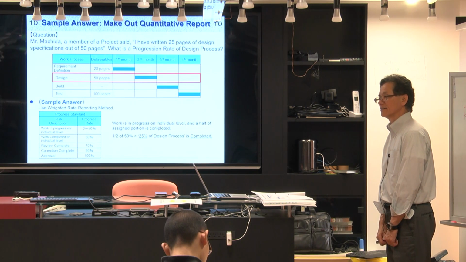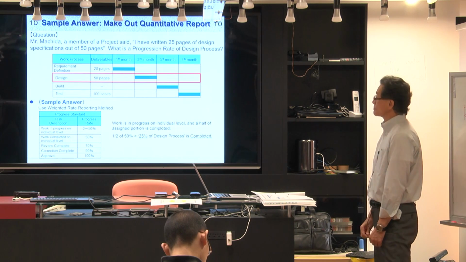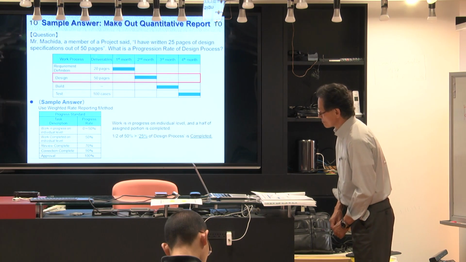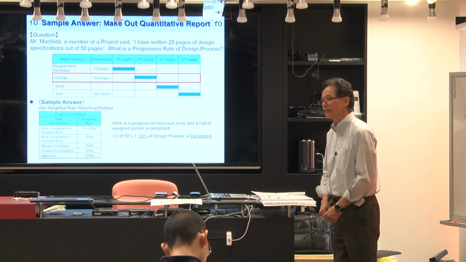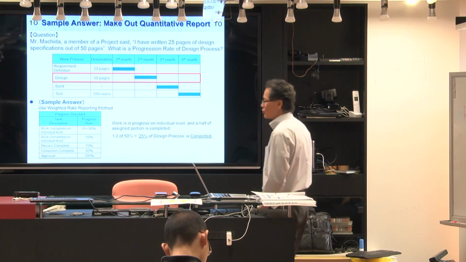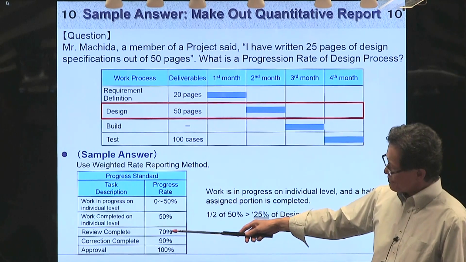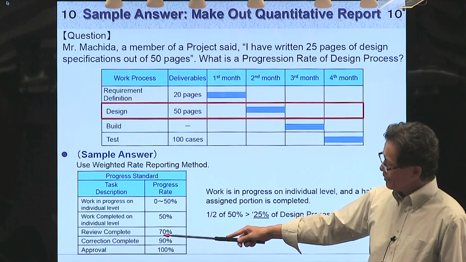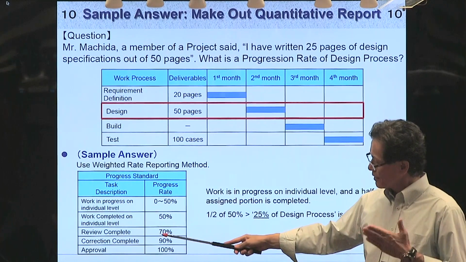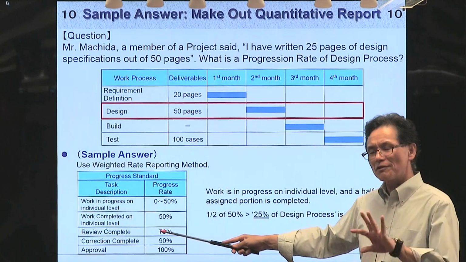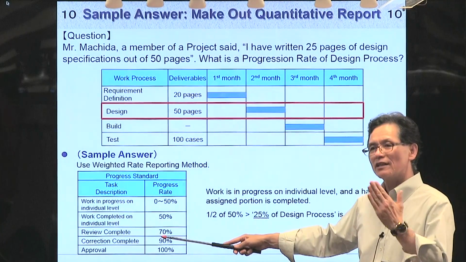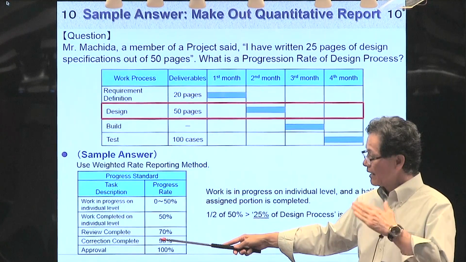Is there any standard for deciding weights? For example, in the paper, we are suggesting this type of parameter. Review complete, at this point you can set 75, between 70 and 80. Is there some common rule?